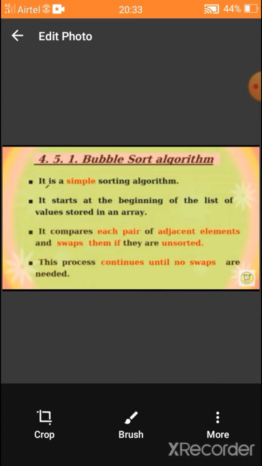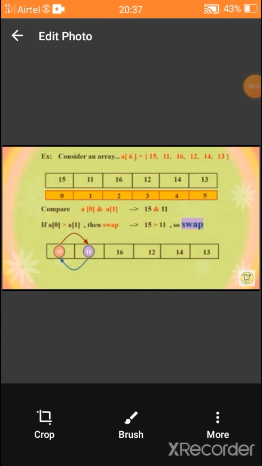Look at the example for bubble sort. In this example, the elements are 15, 11, 16, 12, 14 and 13. So these 6 elements are given in an array. Next, see the index positions of the array. In the 0th place, 15 is stored.